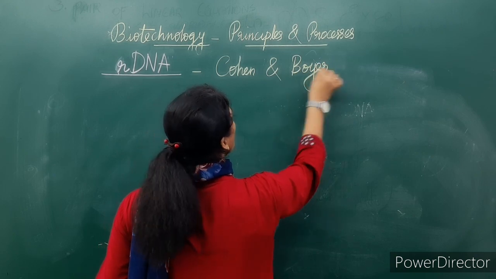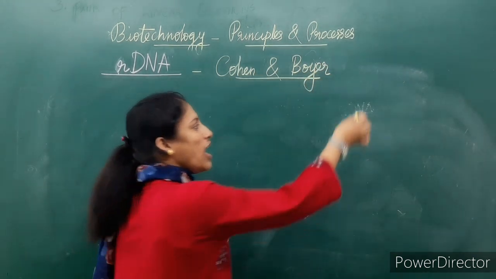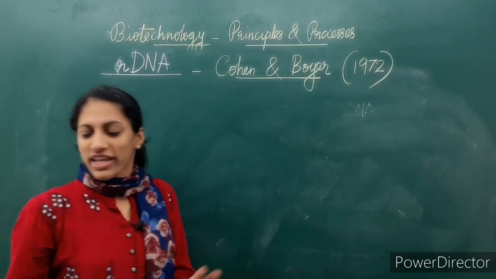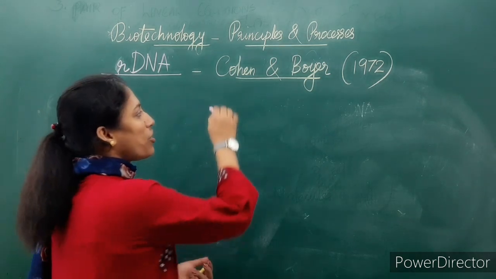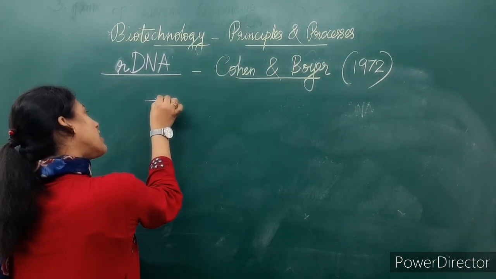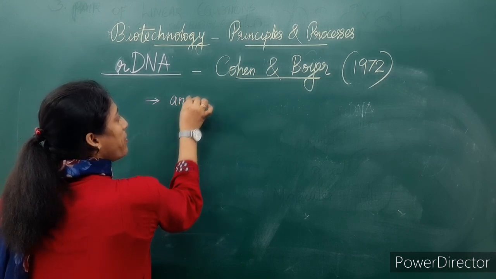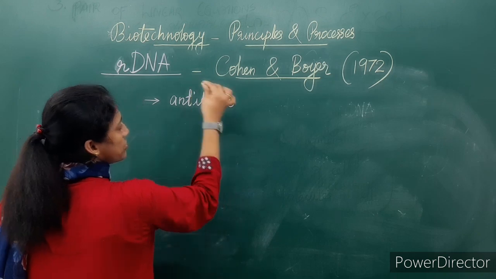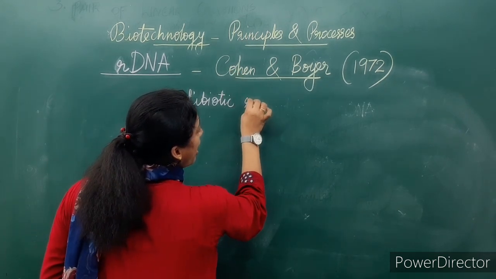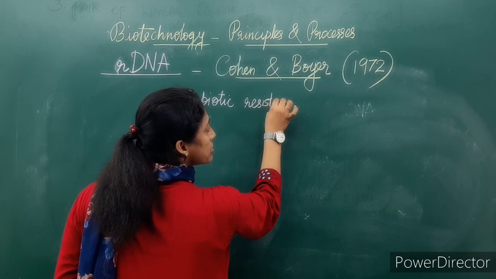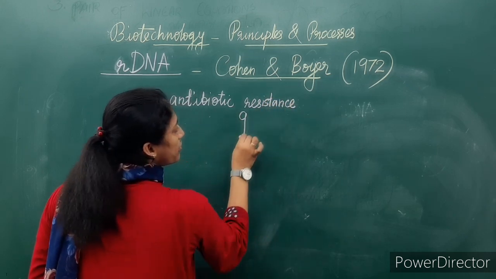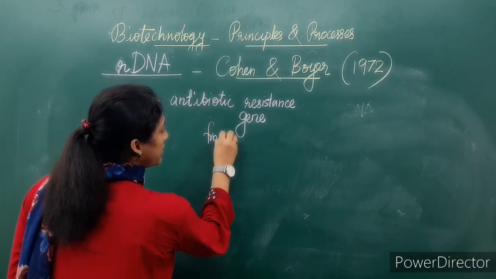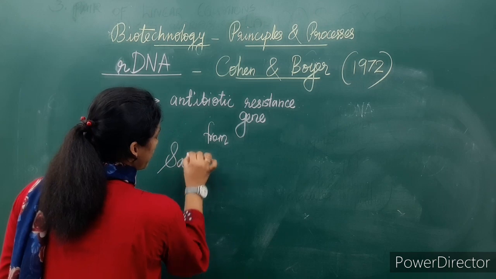Okay, how did they make it? How did they produce the first rDNA? Understand, Cohen and Boyer took an antibiotic resistance gene. Keep in mind, this is not the insulin gene. They took the antibiotic resistance gene from one bacterium named Salmonella typhimurium.